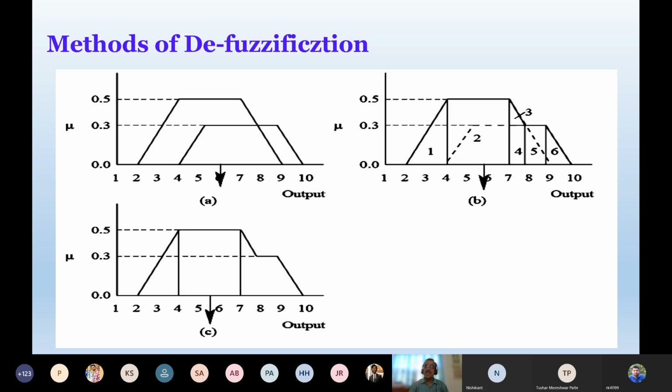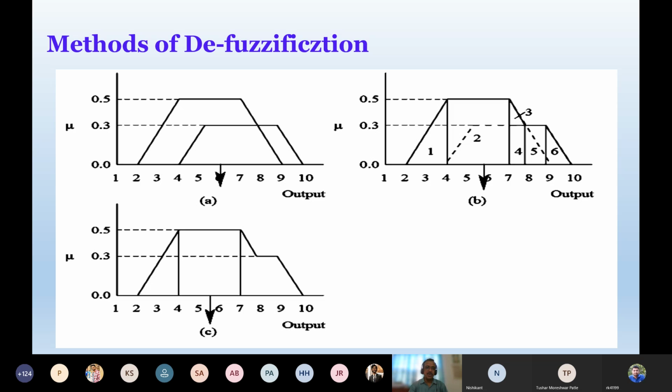The moment we consider the two rules one after another, this particular common area will be repeated twice. That means this common area I'm going to consider more than once, and that will create some inaccuracy in the model.